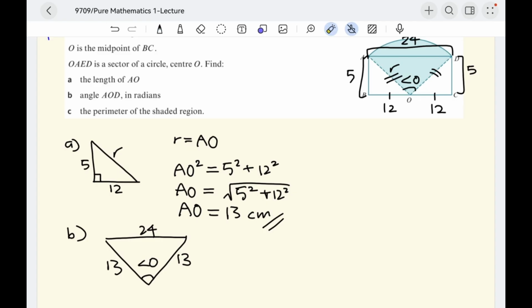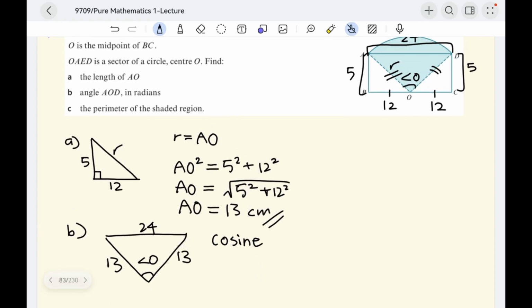So you have been given three known sides but with an unknown angle. So we have to use the cosine rule. This is the only solution to lead to the answer of the AOD.